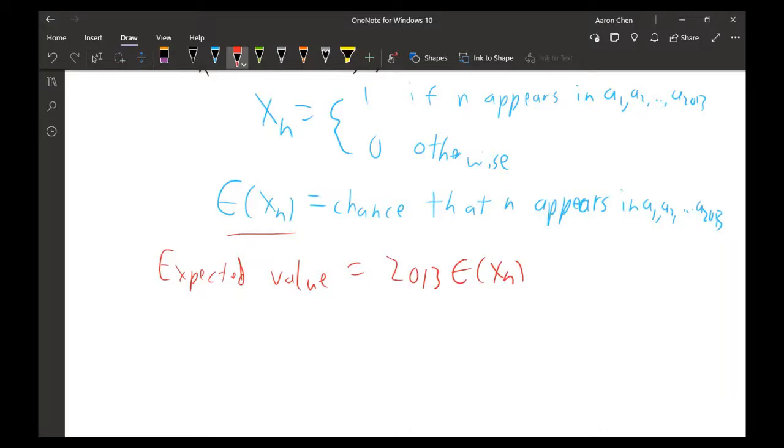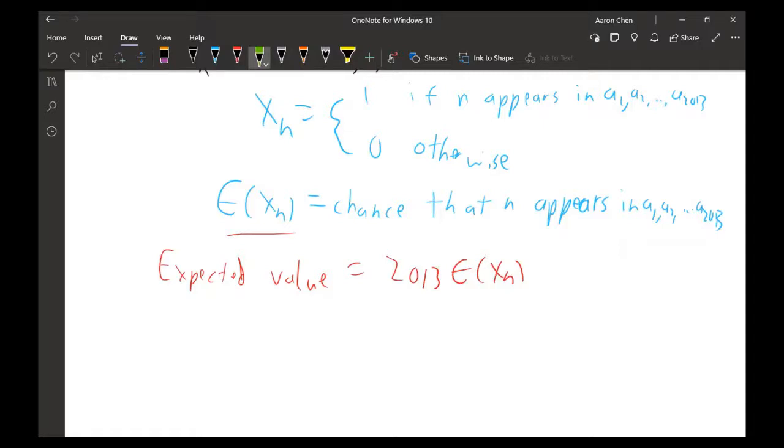So it's just 2013 times E of x. And so we can see that this is simply 2013 times the chance that n appears from A1 to A2013.